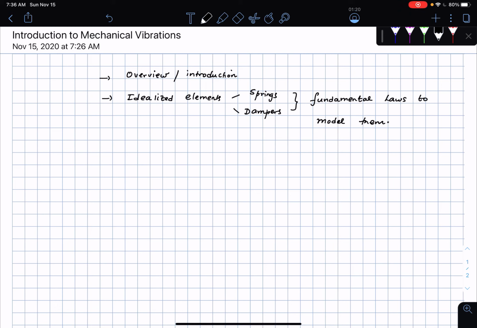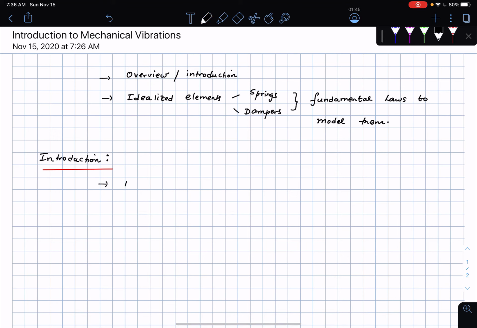Let's go to the introduction part first. I'm sure all of you have heard of the word mechanical vibrations, right? Mechanical vibrations refer to the dynamic behavior or oscillations of mechanical systems about certain points, which are called equilibrium points. So that's the first thing I want to write.